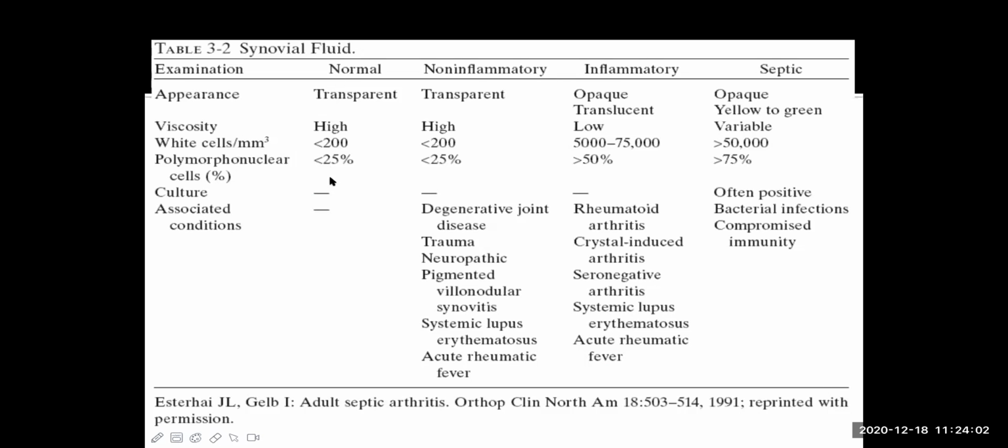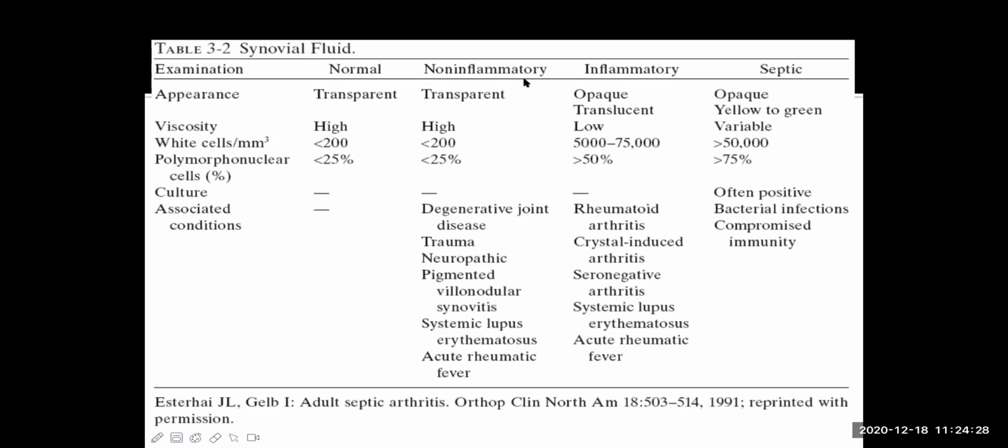So these are the normal thing. Appearance is transparent, clear. Viscosity high. It's quite viscous type of joint fluid in the normal case. White cell count should be less than 200. And polymorphonuclear count should be less than 25%. So if you remember this normal one, then it is very easy to identify whether the report is abnormal or not.